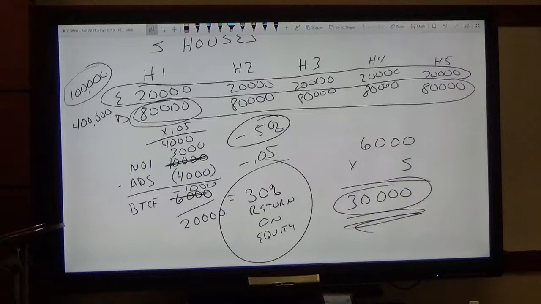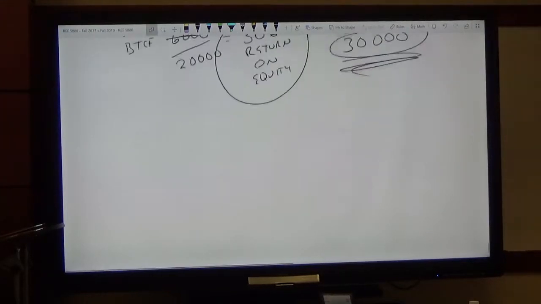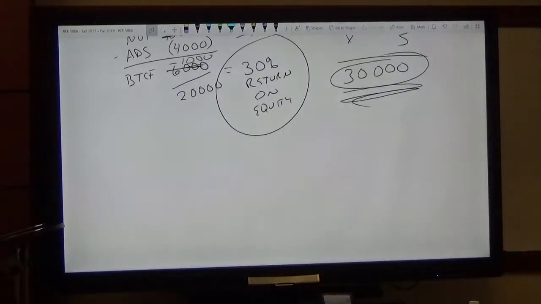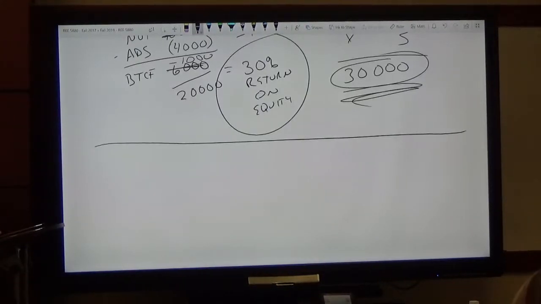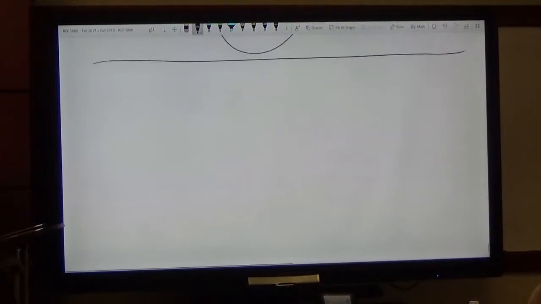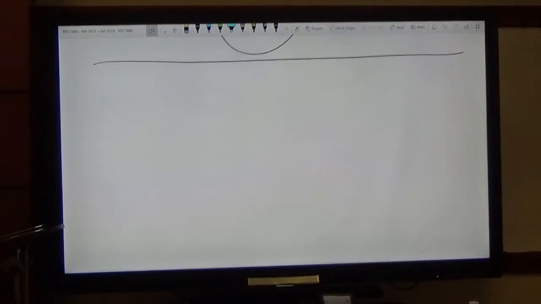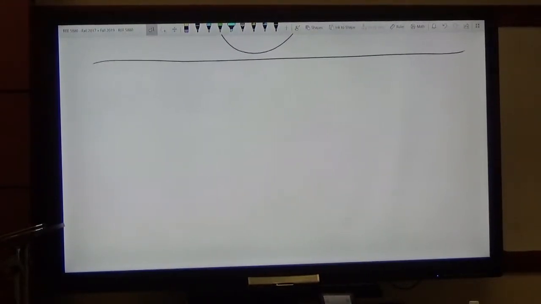Moving back. So you get the general idea of how this works, yes? The whole leverage thing. Now, one of the things we're going to be spending quite a bit of time on, and we did one little calculation today but I said I was going to come back to it, which I am, is figuring out what the outstanding balance is on a mortgage, and I'll show you how to do that.